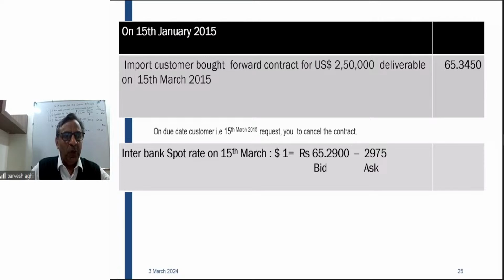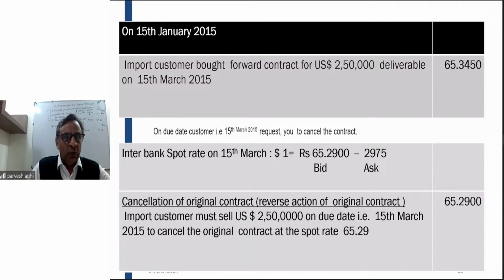Now, the interbank spot rate on 15th of March, which is given to you, is $1 equal to 65.29 oblique 2975. This is the due date. On the due date, you approach the bank and say, I want to cancel the contract. The cancellation of the original contract means reverse action of the original contract.